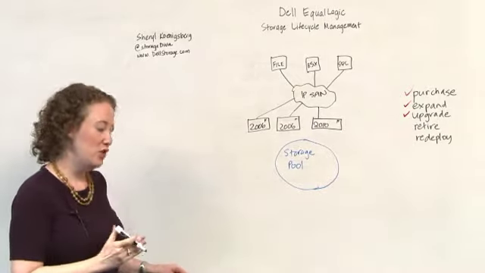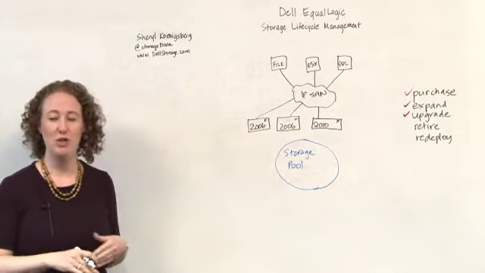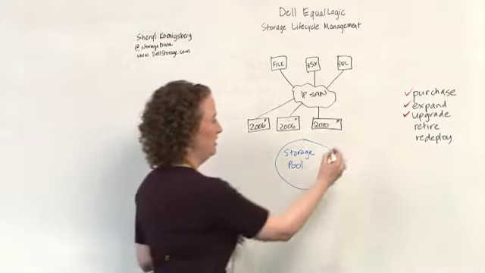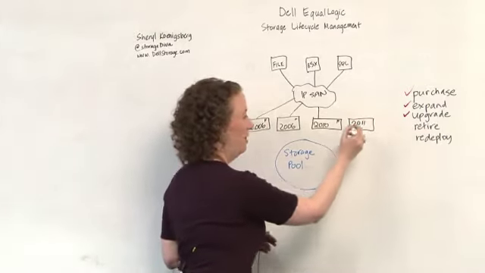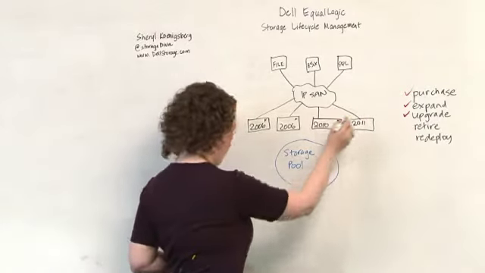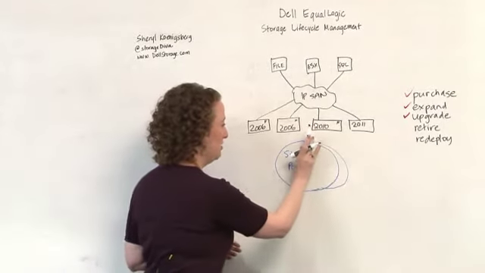When it comes time to retire an array, let's say this array from 2006 no longer meets your performance or capacity requirements, what you can do is add a new array to your pool that would meet the performance and capacity requirements that you have. Your storage pool will get larger, just like it did when we talked about expansion.